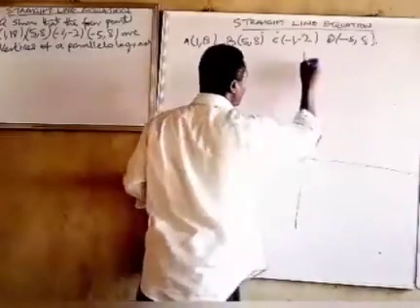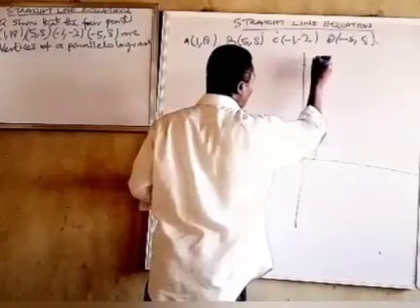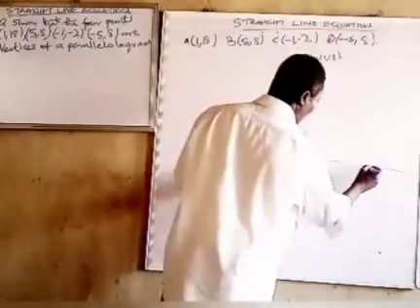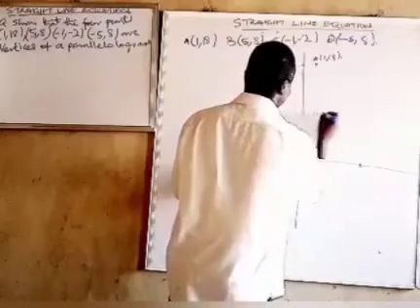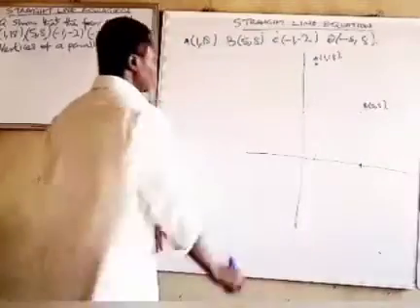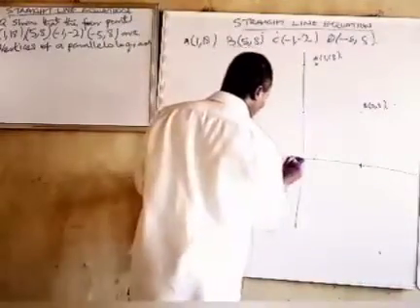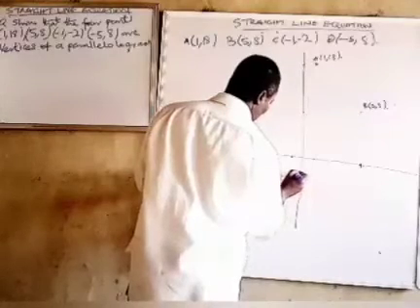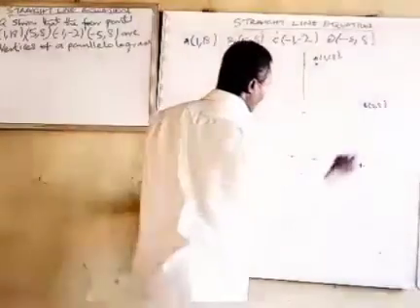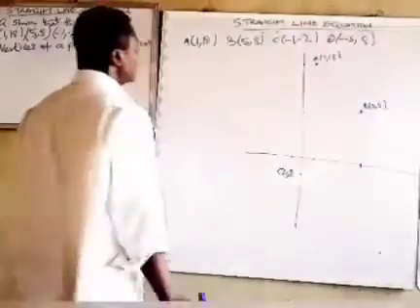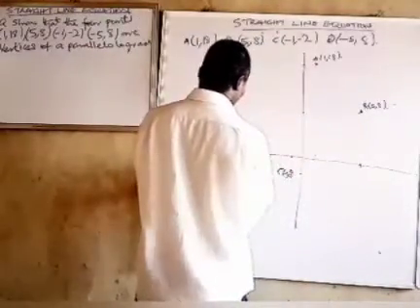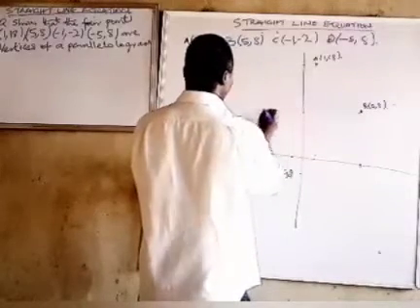So we have A (1, 8), B (5, 8), C (-1, -2), and D (-5, 8).